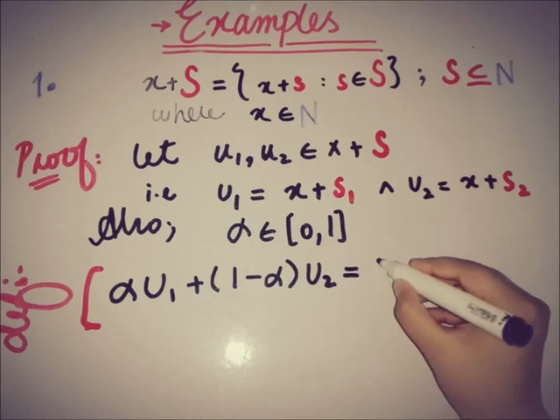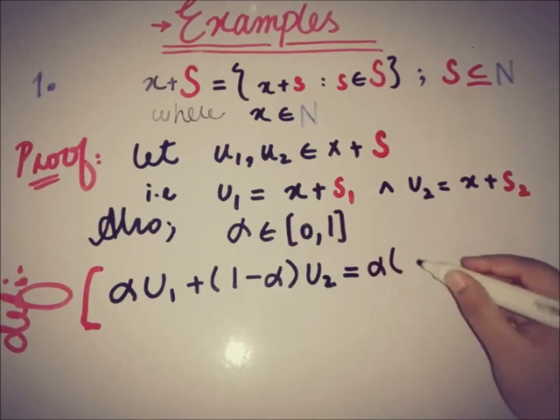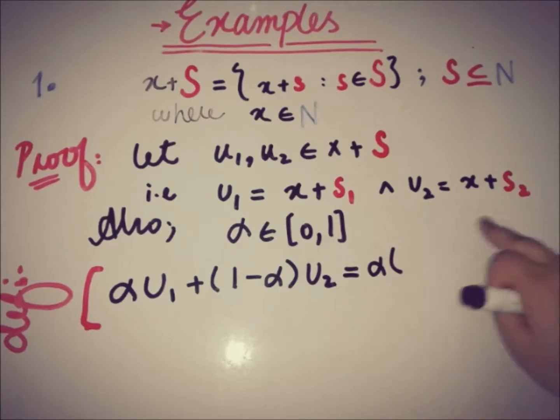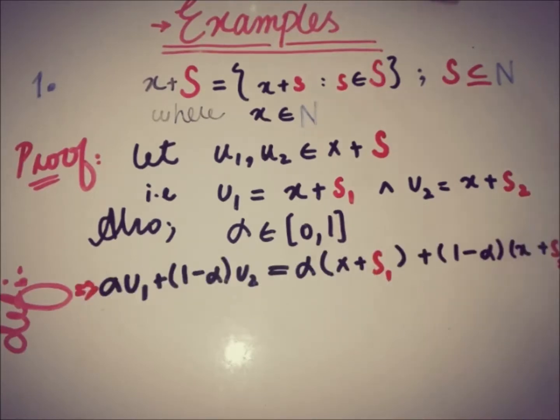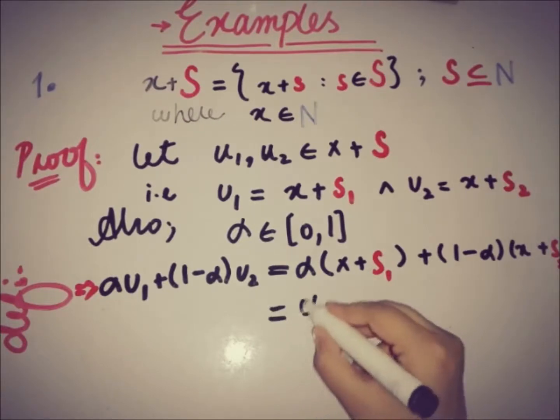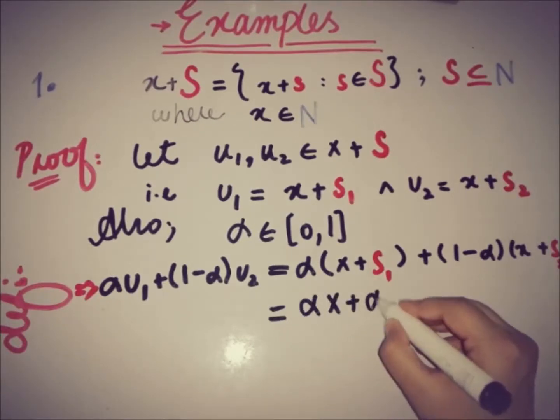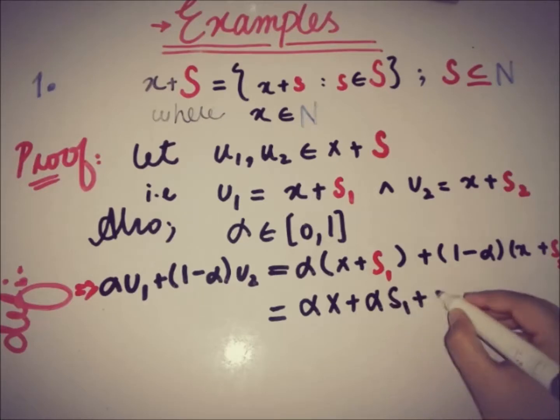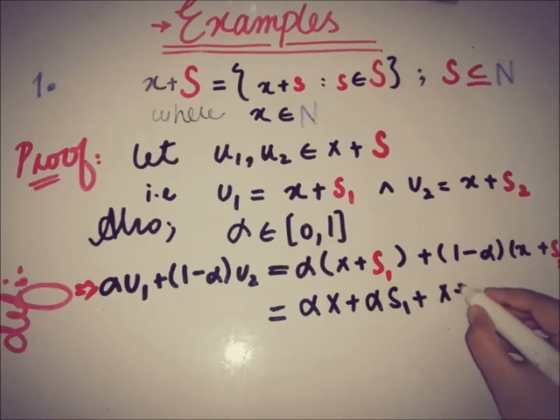So this is equal to alpha times X plus S1, plus 1 minus alpha times X plus S2. We get this, so now we're going to manipulate it: alpha X plus alpha S1 plus X plus S2 minus alpha X minus alpha S2.